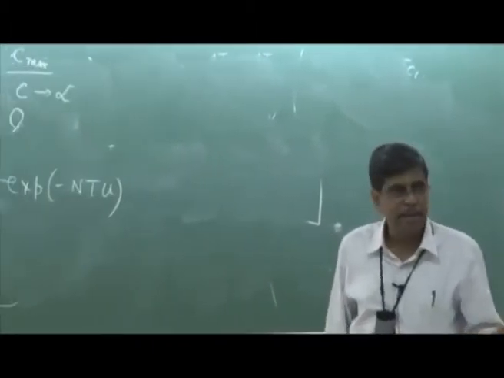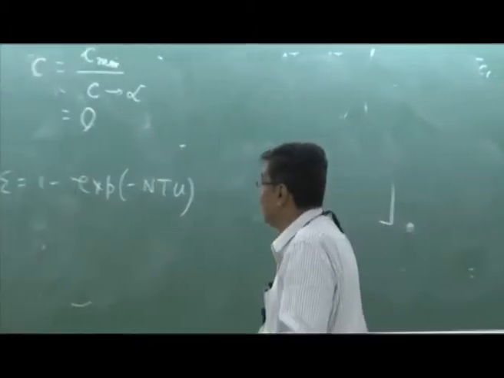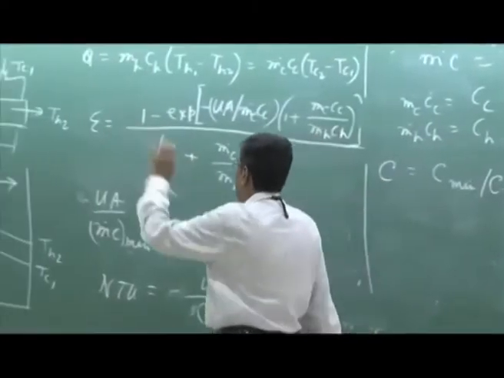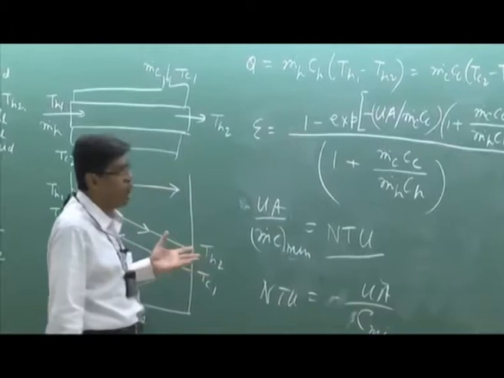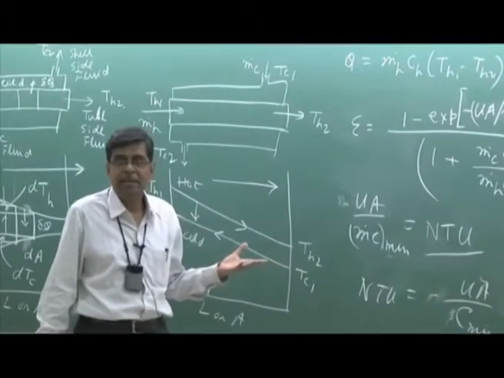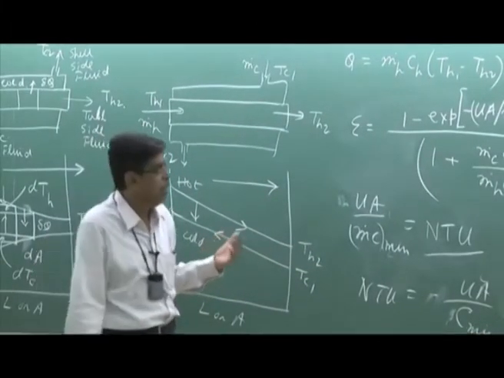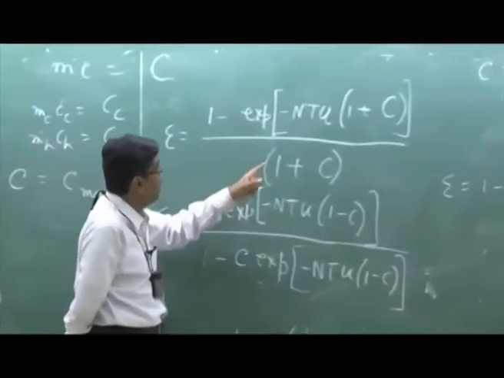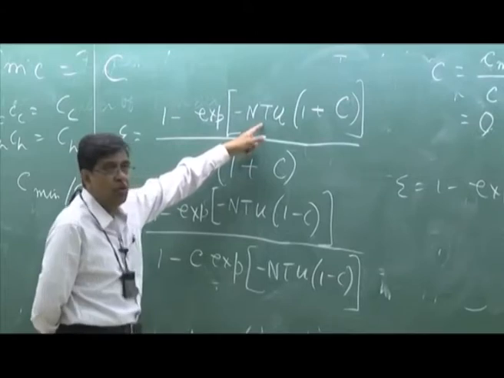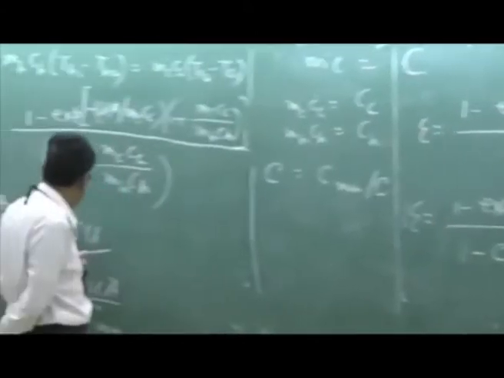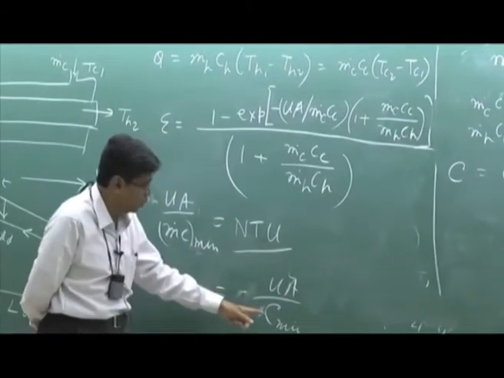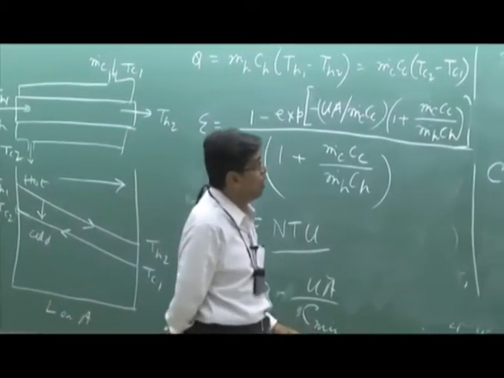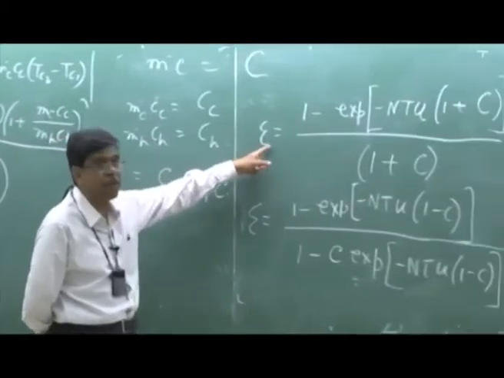Okay, clear? But here one thing is very much open: if I do not know the temperatures explicitly, then what can we do? When we know the NTU, because area we know, overall heat transfer coefficient we know, and the mass flow rate and specific heat we know, we can straight away find out the effectiveness.